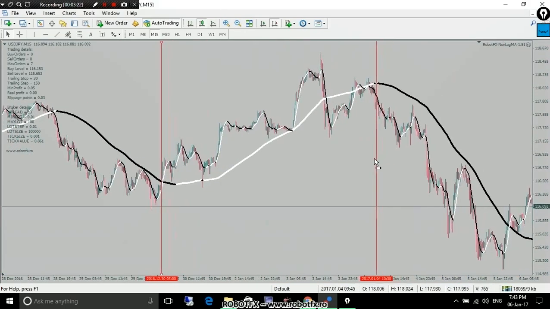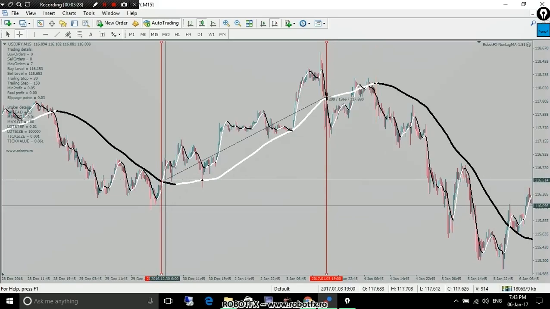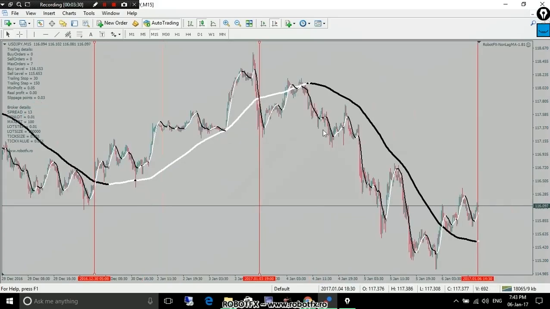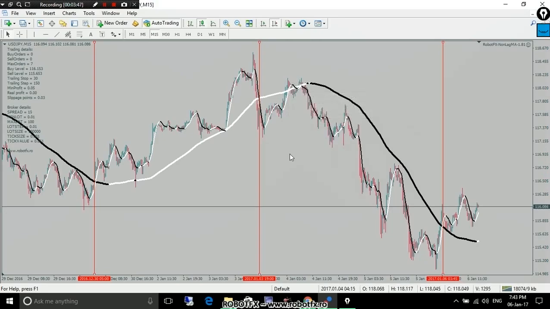Basically, we would have been allowed to buy from here until here, and we would have been allowed to sell from here until down here, with probably some small interruptions up here when the price rose above it two times, like a double top.